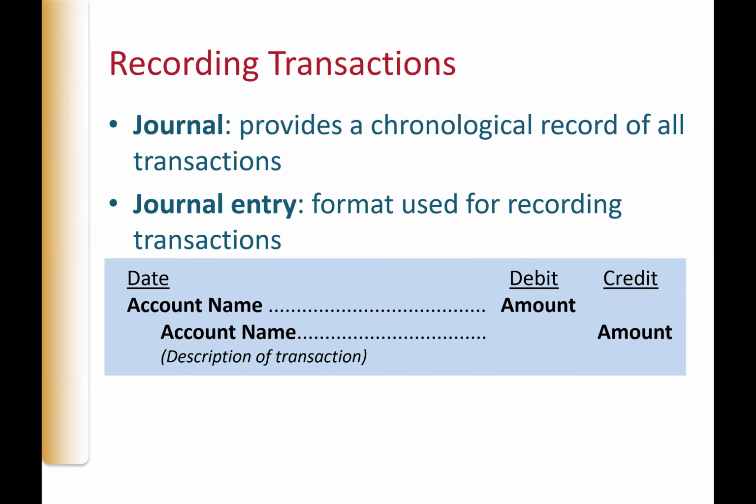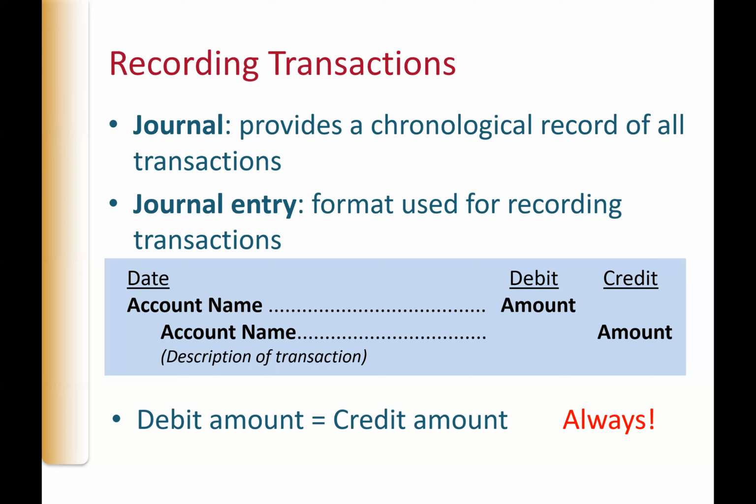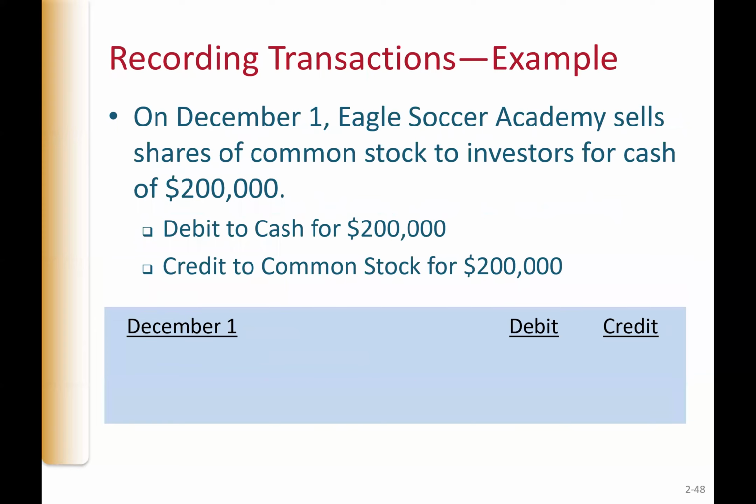We always begin our journal entries with whatever account we're going to debit first. And then we utilize the account we credit next. It's just the standard we use in accounting. We always debit and then we credit. And we know our debits have to always equal our credits.